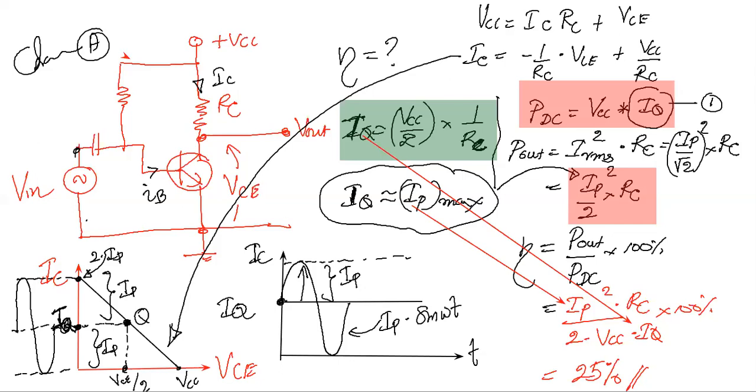Just select the middle point and then fluctuate your IC current based on that middle point. Please note down.